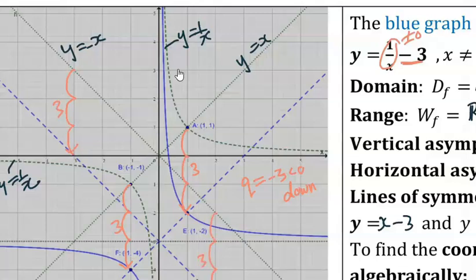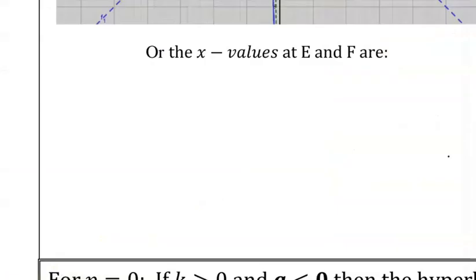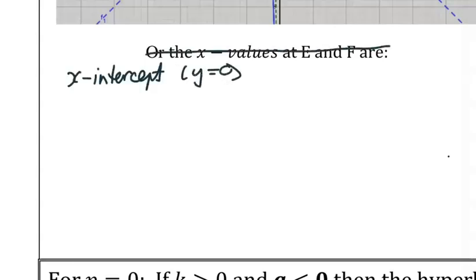Let us look at the intercepts. If we look at the x-intercept, then my y must be equal to 0. So we have 1 over x minus 3 should be equal to 0. We know x is not 0.